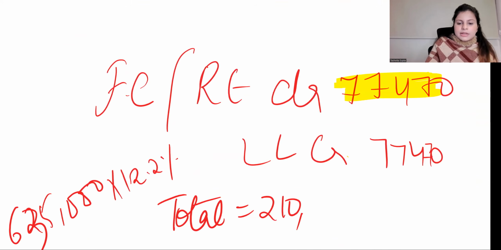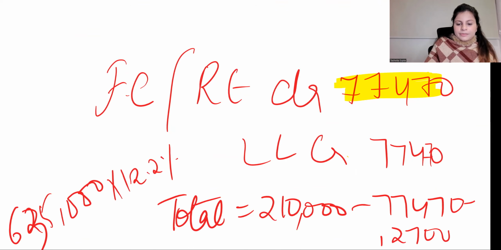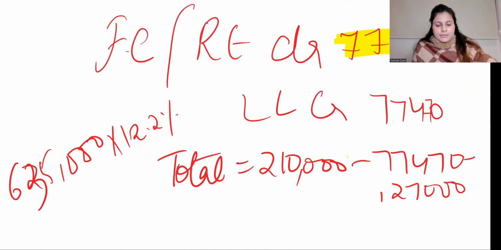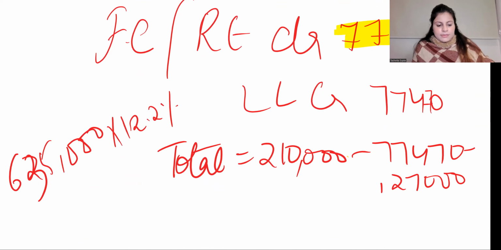What's my net adjustment on this? 2,10,000 minus 77,470 minus 1,27,000.